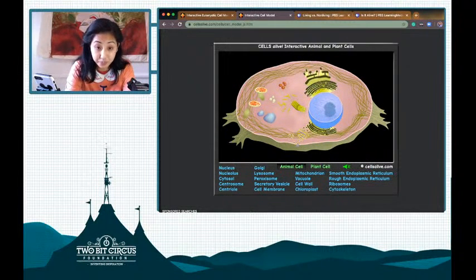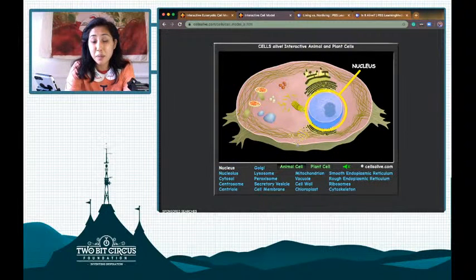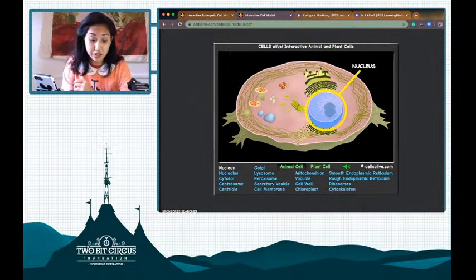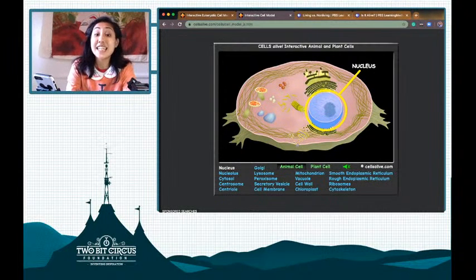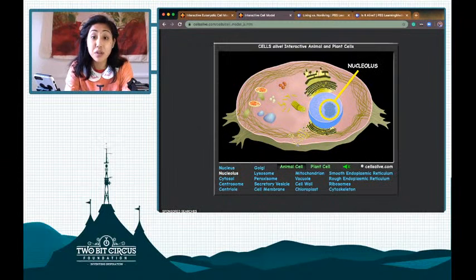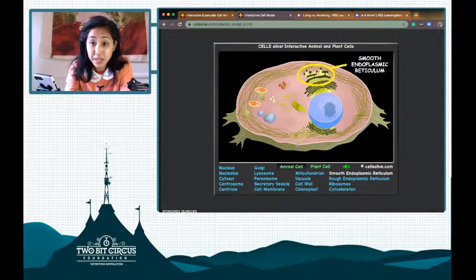That nucleus I was talking to you about is this giant purple item right here, and that holds all of the DNA material that we possess. And inside of the nucleus is the nucleolus. Woo! Need to sound out those words. This is a smooth endoplasmic reticulum and the rough ones.